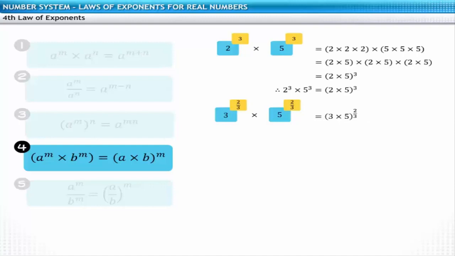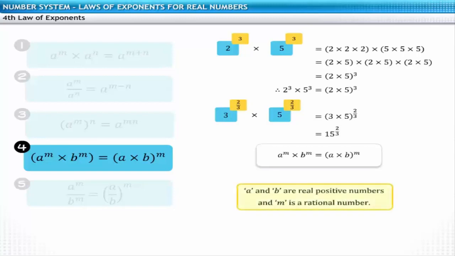The exponent 2 upon 3 is common. Hence, we can multiply the bases. The answer is 15 raised to 2 upon 3. The fourth law of exponents states that to multiply two numbers with the same power, raise the product of the bases to the same power. Here, a and b are real positive numbers and m is a rational number.